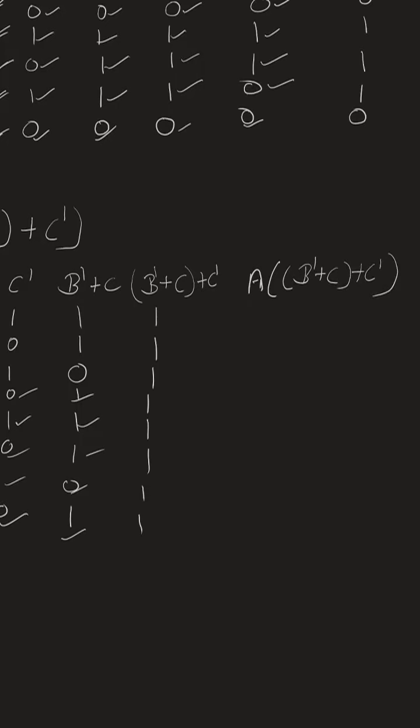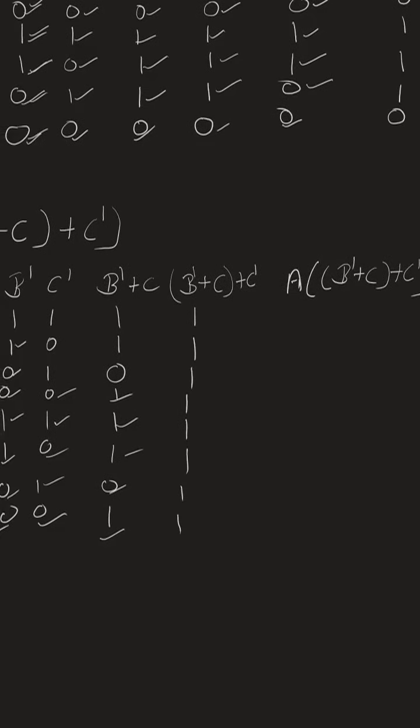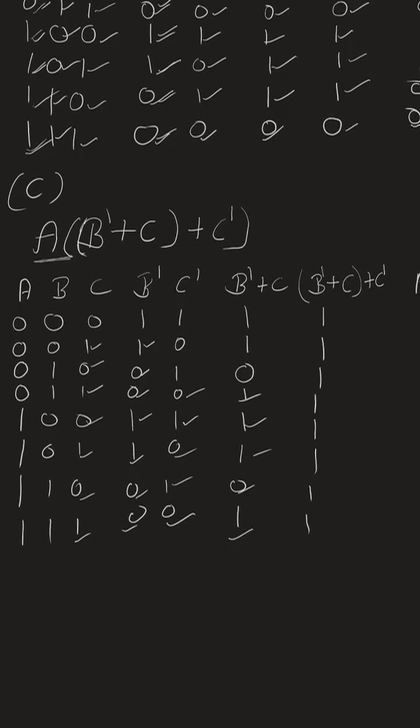Now you can add this, multiply with A, and A is here 0. First is 0 and this one is 1.